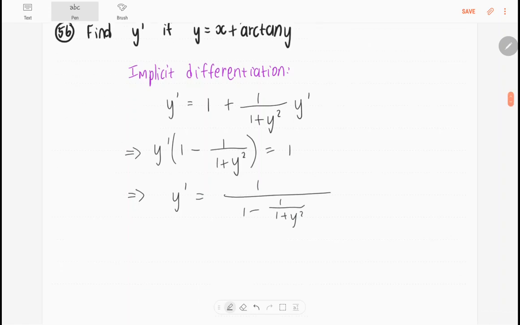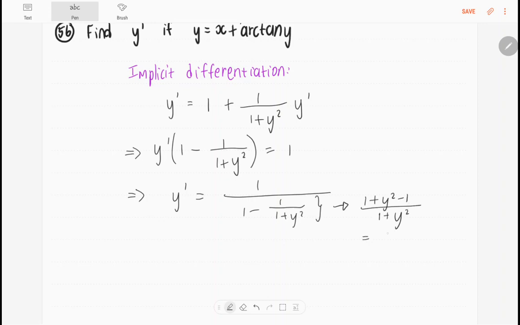And what I'm going to do in my denominator is write this as one fraction. So it's going to be 1 plus y squared minus 1 over 1 plus y squared.